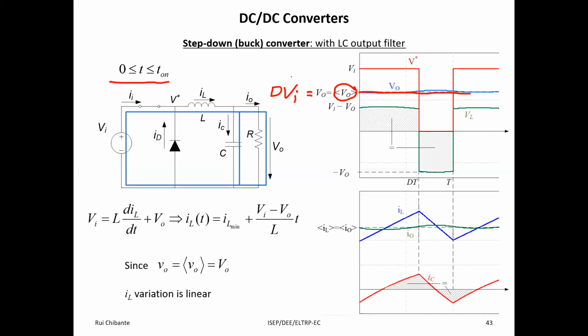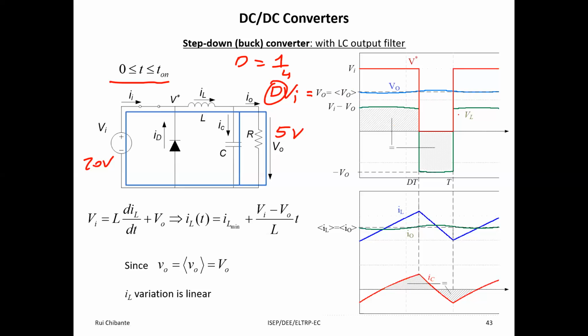So if I have an input voltage of 20 volts and I want 5 at the output, I choose a duty cycle. In this case, D equals 1/4, and I get my output.